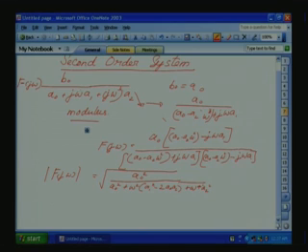This is the modulus. Now let us see how we can control this so that the bandwidth can be increased. At low frequency, A0 square over A0 square, you will have a modulus of 1.